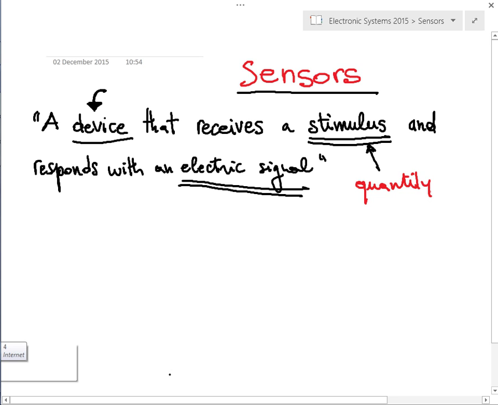We want to measure the temperature, for example, or we want to know if a person is in the room or not, or if a display has been touched or not.